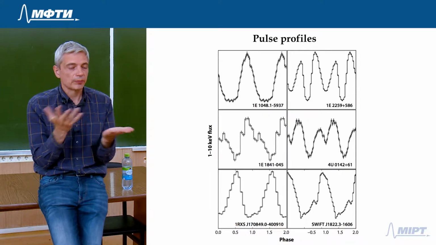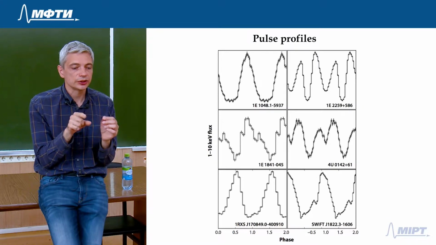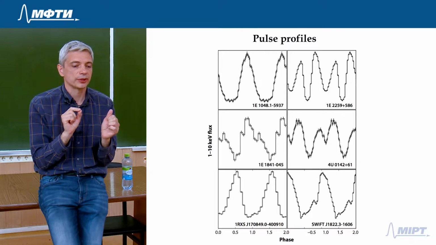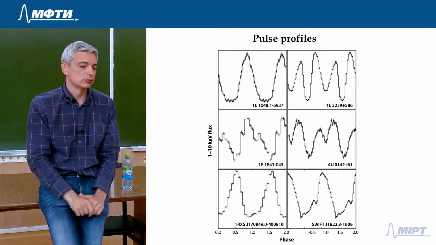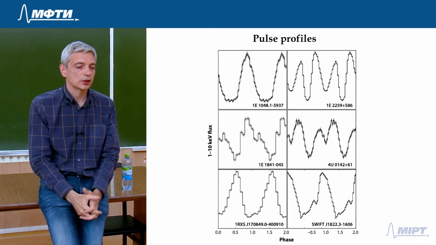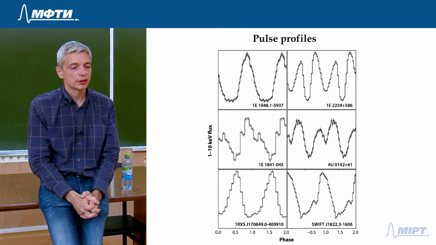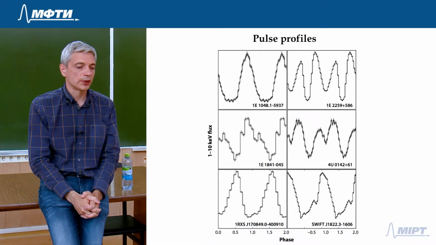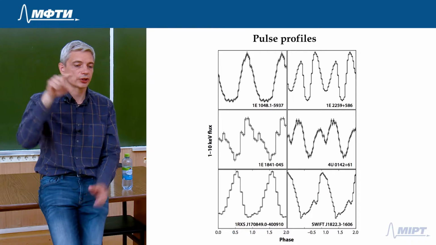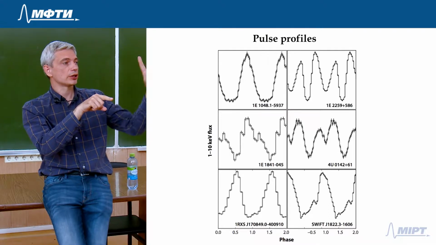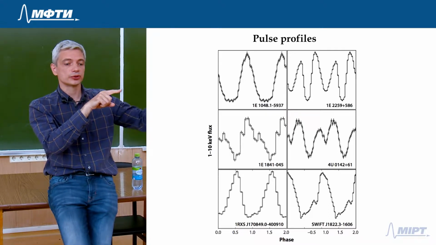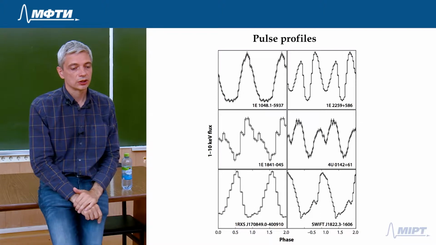So they have pulse profiles, and here you see 6 different objects, anomalous X-ray pulsars, which have sometimes simple and sometimes not so simple pulse profiles. X-ray luminosity as a function of time. So you're looking at an object which obviously does not emit isotropically because we see the pulse. As it rotates, it produces this modulated X-ray emission.